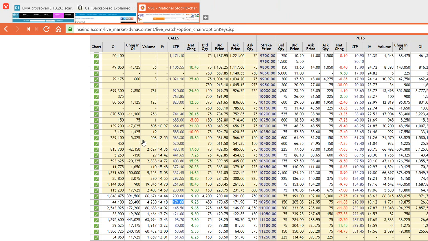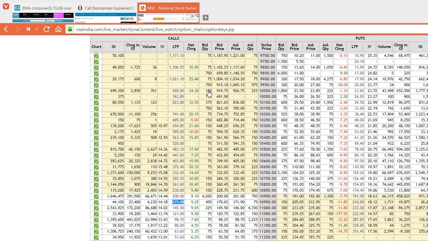For example, this is 332, the 10,700 put. If you're buying two here, 145 plus 145, it is around 290. So this 10,700 and 11,000 looks to be a good setup, because in this way you are not losing anything.